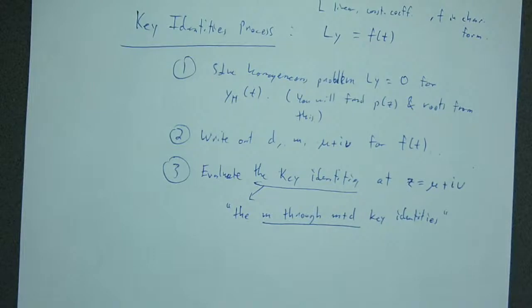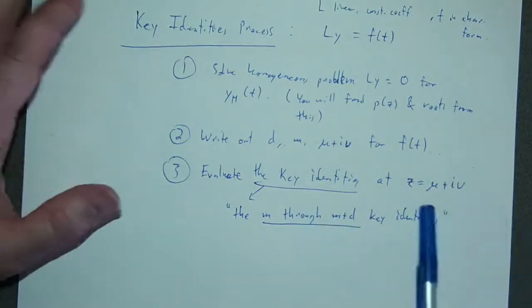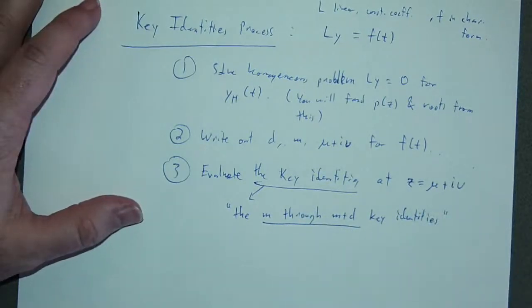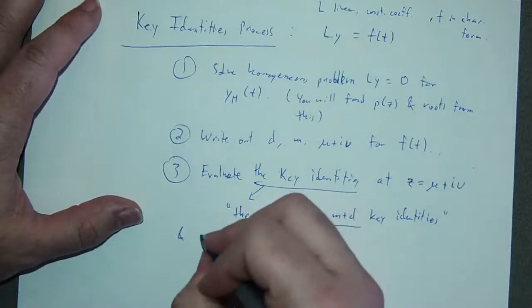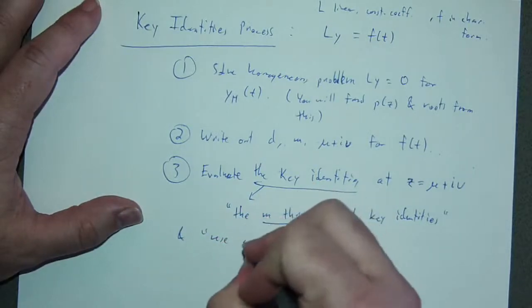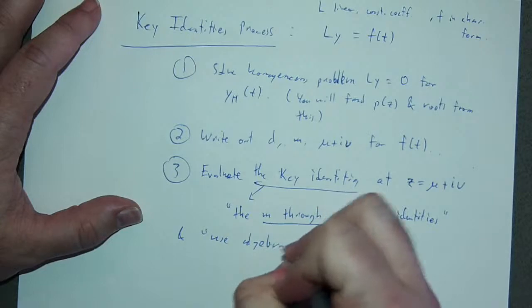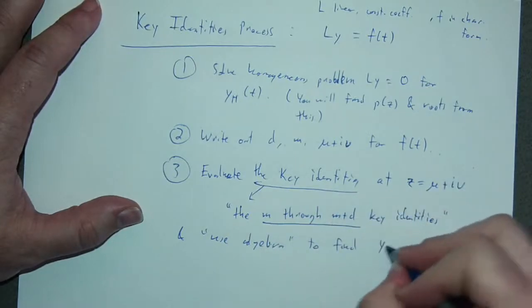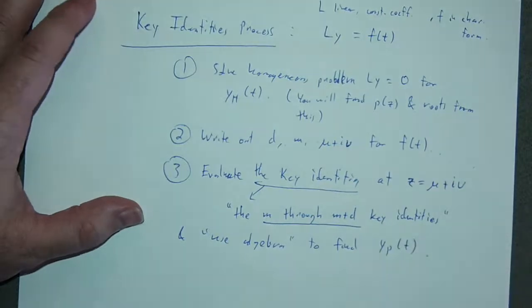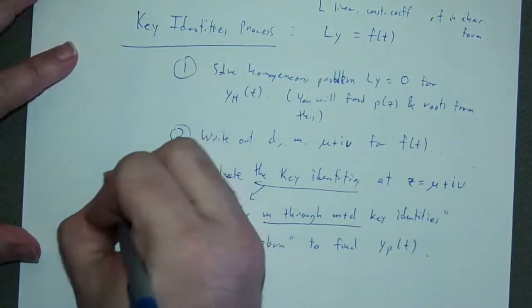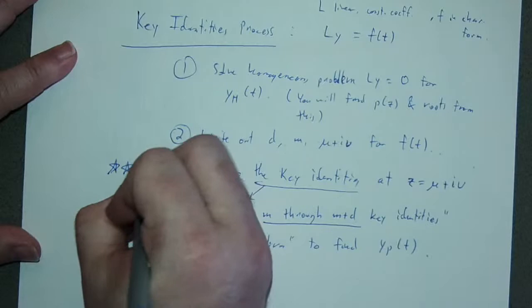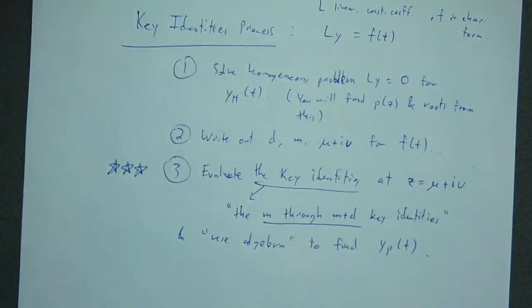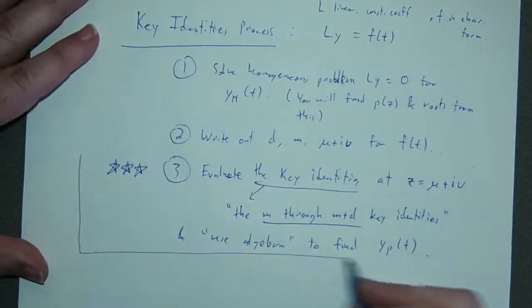So evaluate the m through m plus d key identities at this characteristic and use algebra. We're going to see how that works to find y sub p of t. This is by far the trickiest step in this process, and this is where we're actually using key identities.